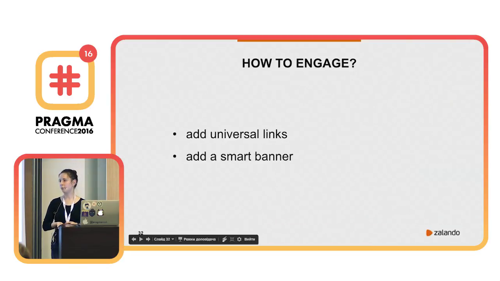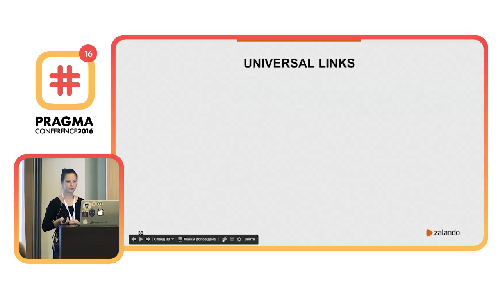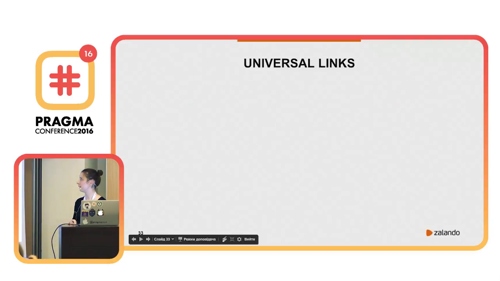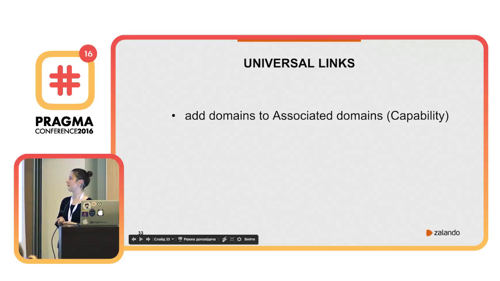How to engage users with your application? There are two ways. You can add universal links, and you can add a smart banner. These are two different approaches, but they are both for engaging the user with your application. So, universal links. You add domains to associated domains in your capabilities tab.